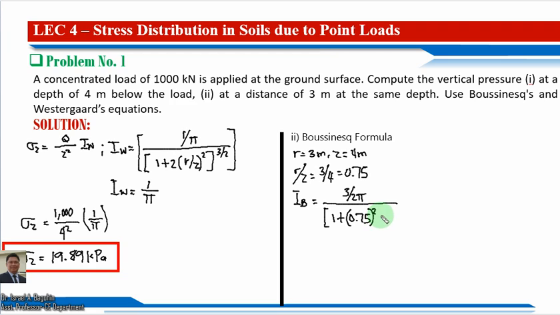This is squared and raised now to the power of 5 halves. So if you're going to calculate this one, this is just equal now to 0.156.